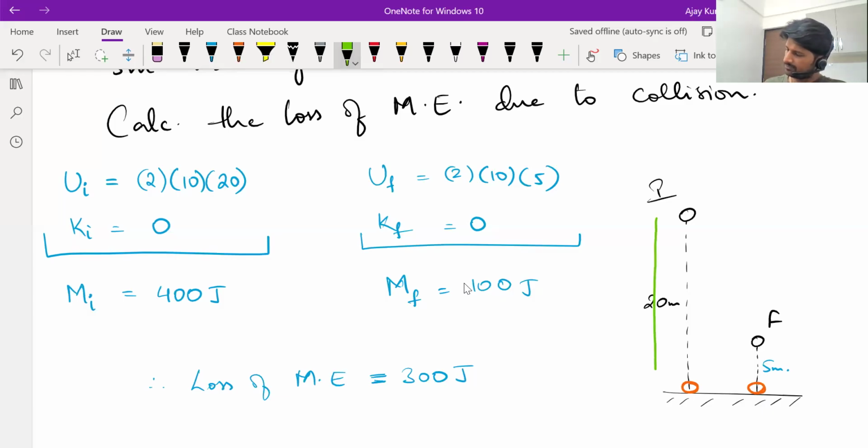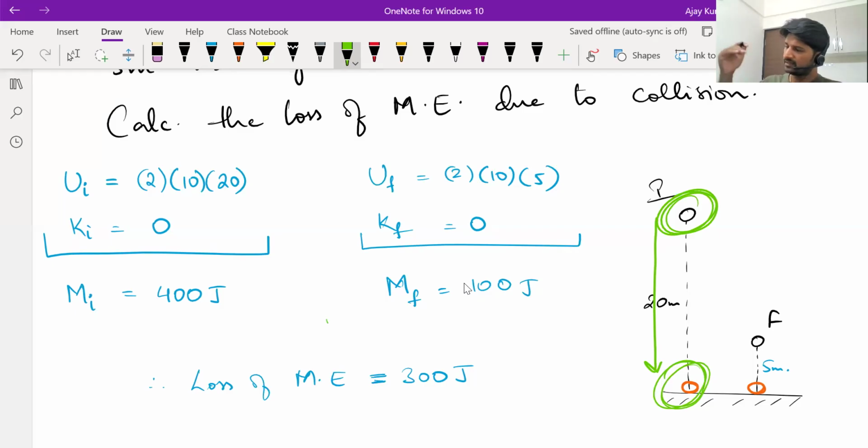during this fall, it won't lose any mechanical energy. There's no air resistance, no? So during the fall, its mechanical energy would have been constant everywhere. So initial mechanical energy is equal to the mechanical energy just before collision. And on the other side, when the ball bounces and rises up, it will have some mechanical energy just after collision. With that, it rises to a particular height.